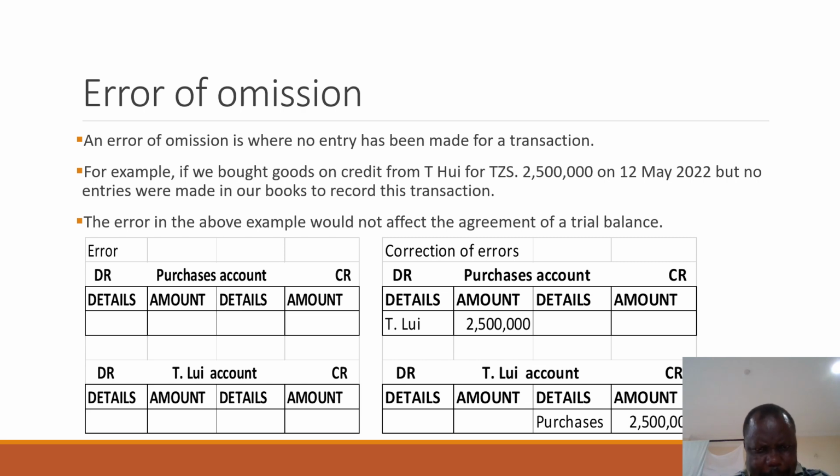Therefore, the error will not affect the agreement of the trial balance. To correct this, we have to debit the purchases account and credit Louis account.